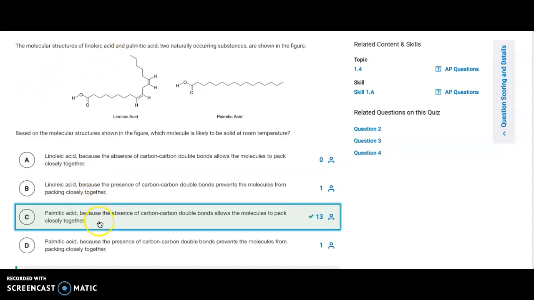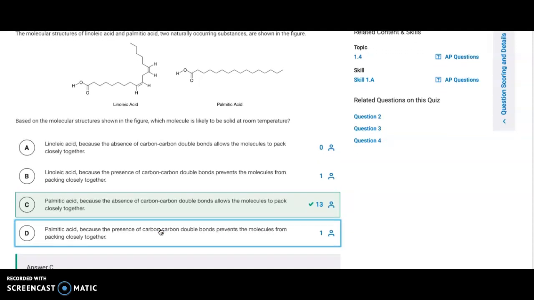Palmitic acid is more likely to be a solid because of the absence of the carbon-carbon double bonds, which allows them to pack together a little bit more tightly.